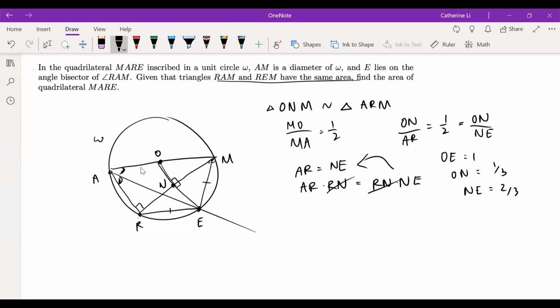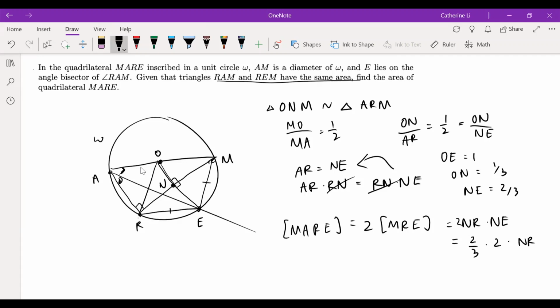equals 2/3. From this, we find that the area of MARE is twice the area of MRE, which is equal to NR times NE times 2. And that is equal to 2/3 times 2 times NR.